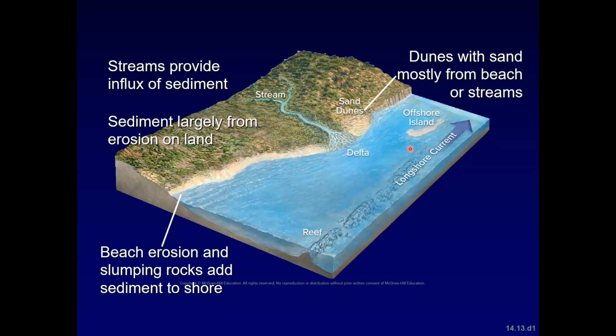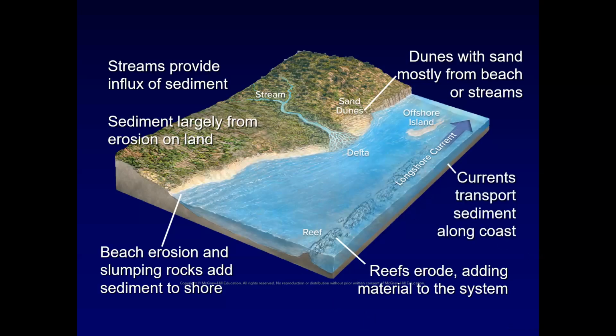So beach erosion and slumping rocks can add sediment to the shore as well. You could have erosion of, say, coral reefs, which would add more material to the system. So the amount of sediment we have available to a system, we call that the sediment budget. And currents can also transport sediment along the coast, like this longshore current.